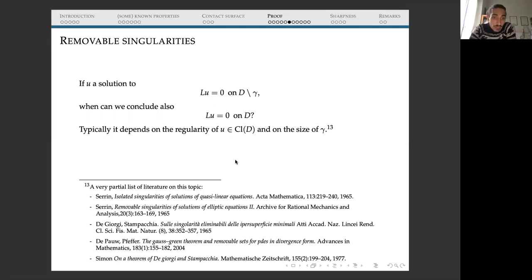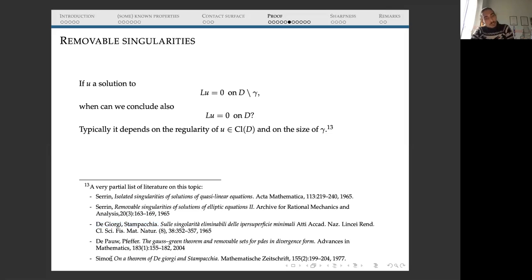Okay, below here, you can find a very partial list of the literature on the topic of removable singularity. These two works of Serrin were among the milestones that introduced this topic. We will refer in the next slide to this theorem from De Giorgi and Stampacchia, later improved by Simon, okay?